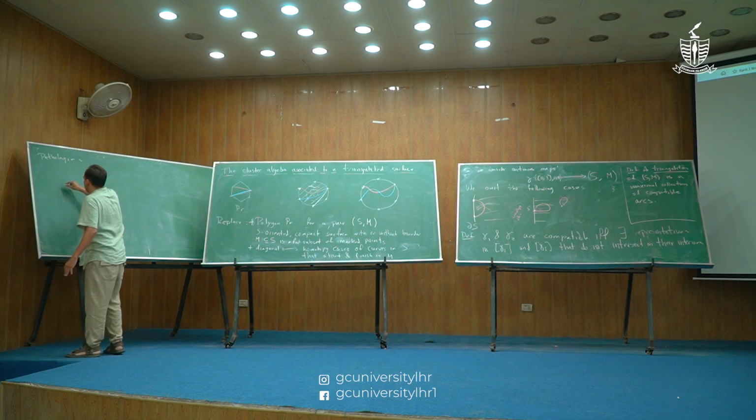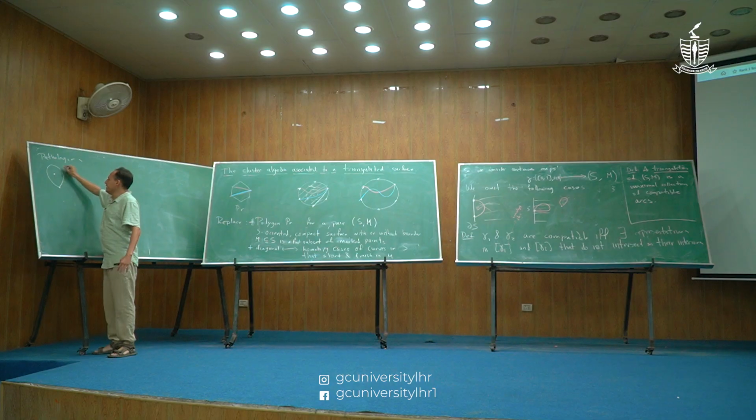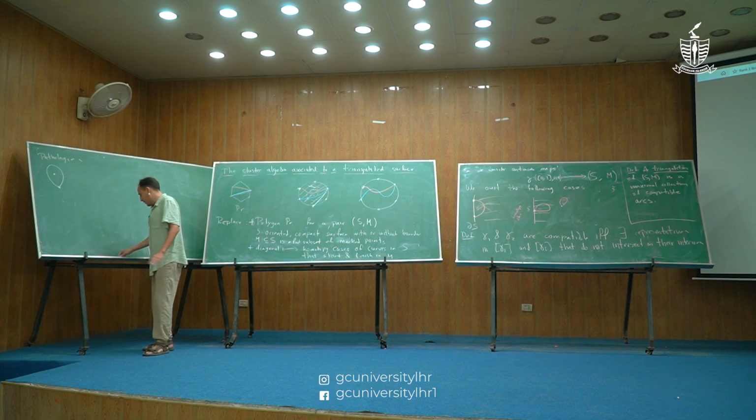For example, what about this? This is my surface. It's a disk with a mark point in the interior and a mark point in the boundary, okay? That's my surface. So now I want to triangulate it.